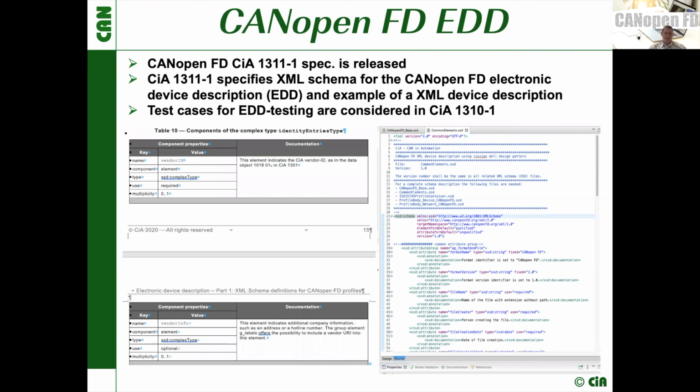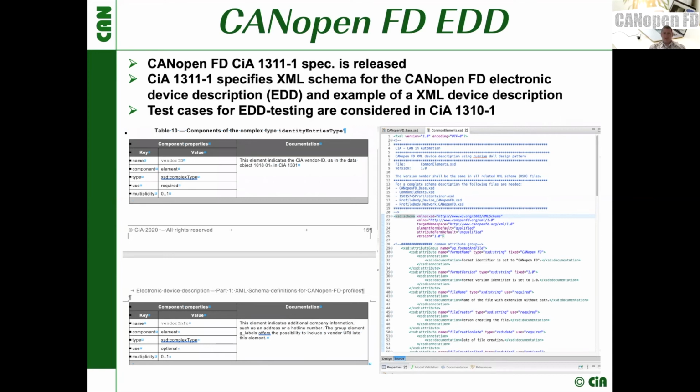Starting from this, we double-checked what is really needed to describe CANopen FD devices, to have on the one hand the full coverage of CANopen FD, and on the other hand to get rid of thousands of options, so that we can have a tiny, small XML-based description of CANopen FD devices.